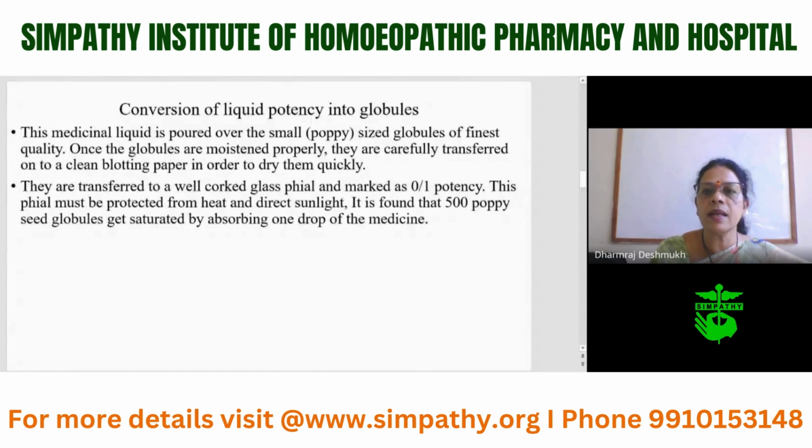They are taken in a phial and moistened properly by adding this 0/1 potency, and then you shake it and dry those globules, which are absorbed by the 0/1 potency.